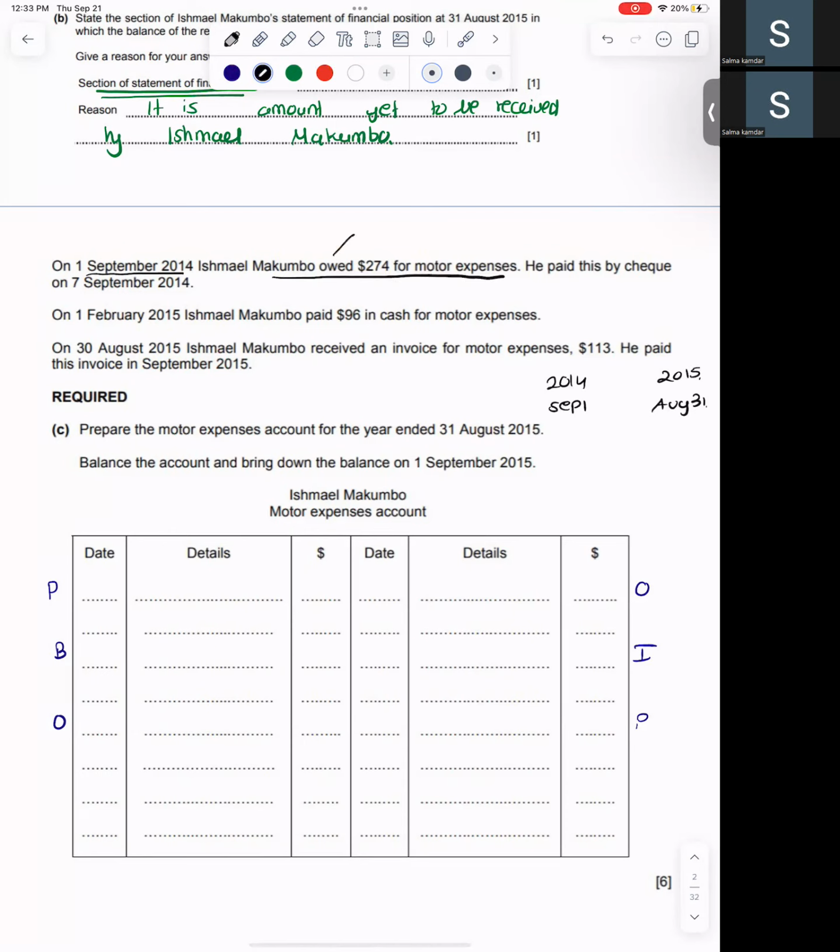If he's owing 274 for motor expenses, that means you have an outstanding expense. Outstanding expense of how much? I have an outstanding expense of 274 on the first date. So I will write my first date, September 1. I will write my balance brought down.